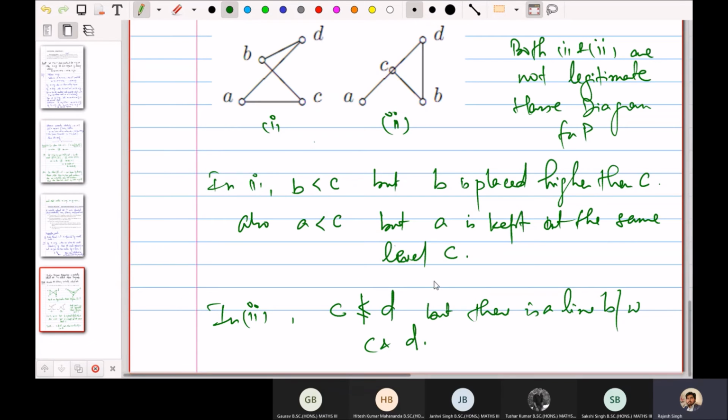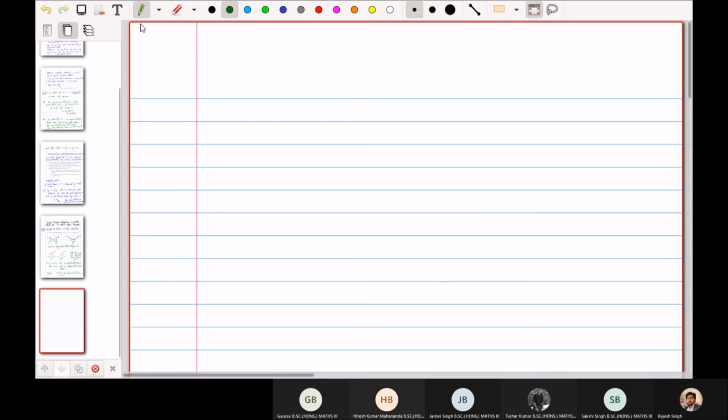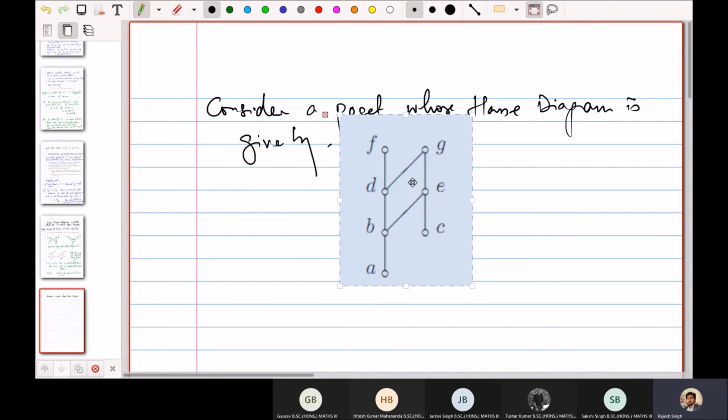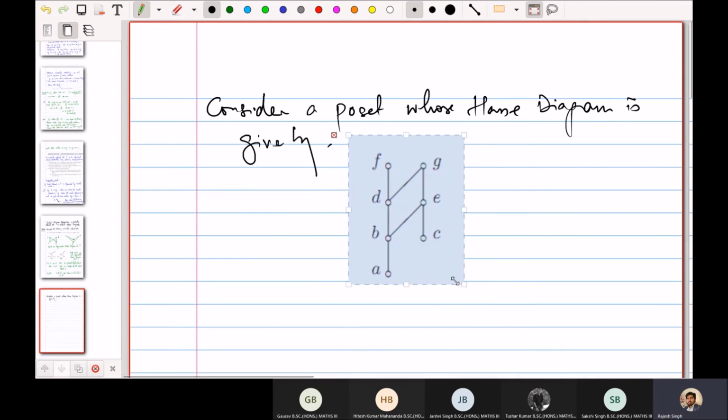Now we will give you a Hasse diagram. Consider a poset whose Hasse diagram is given by, so this is its Hasse diagram.